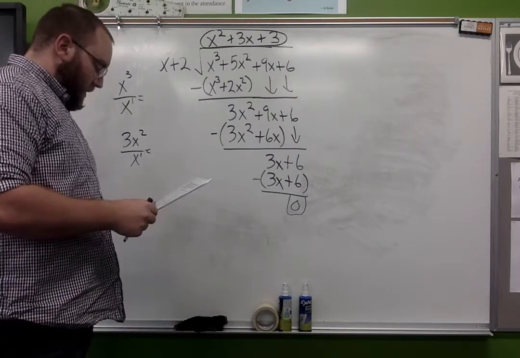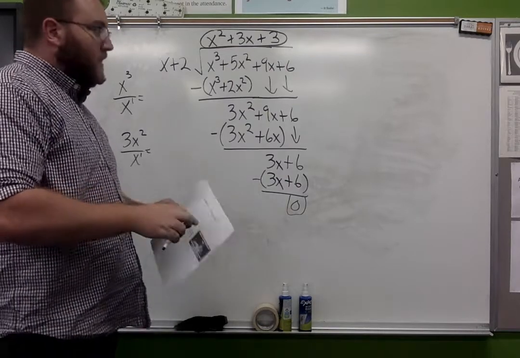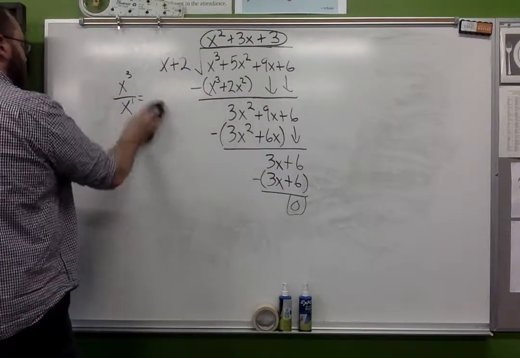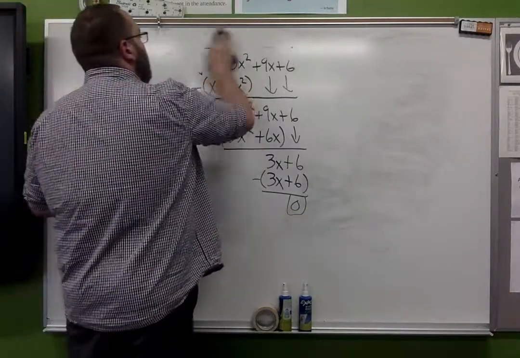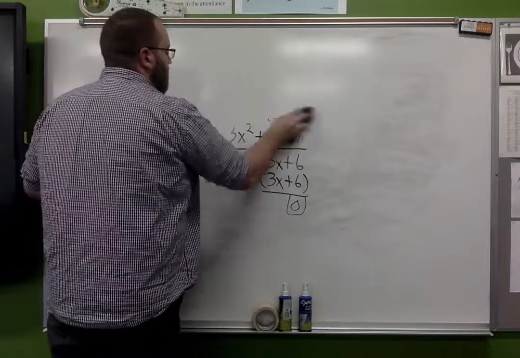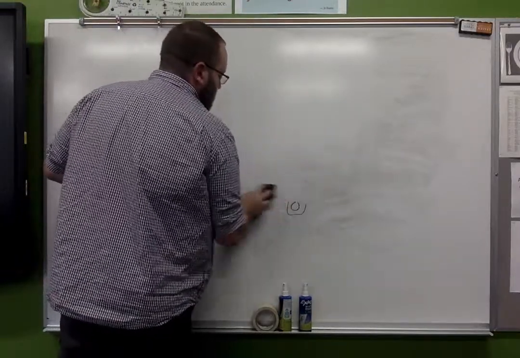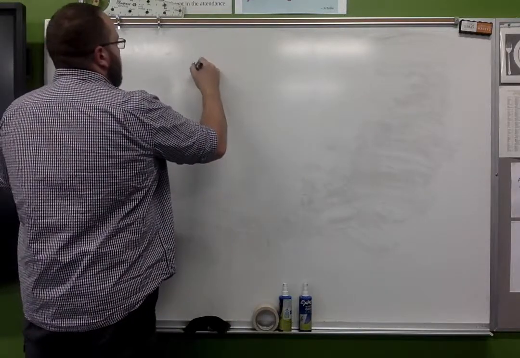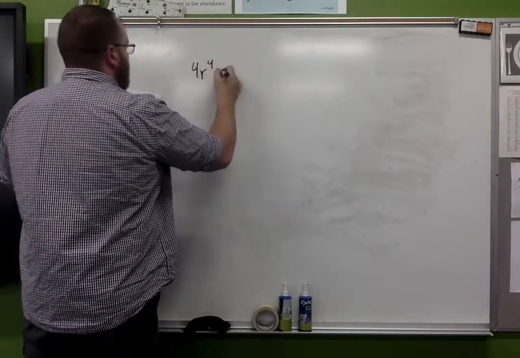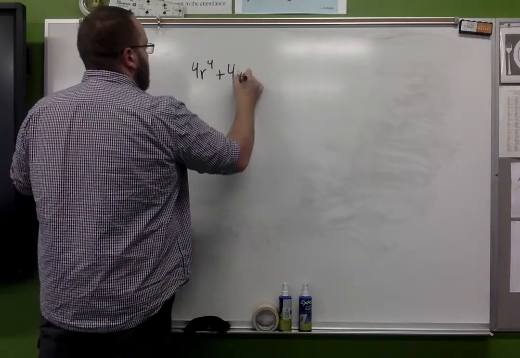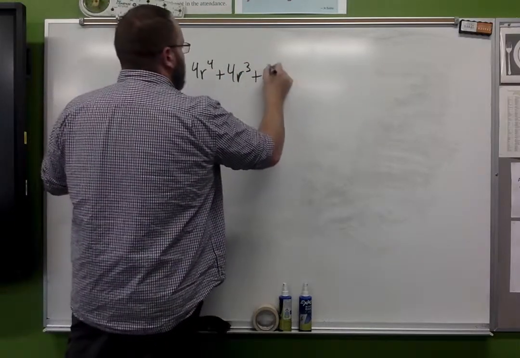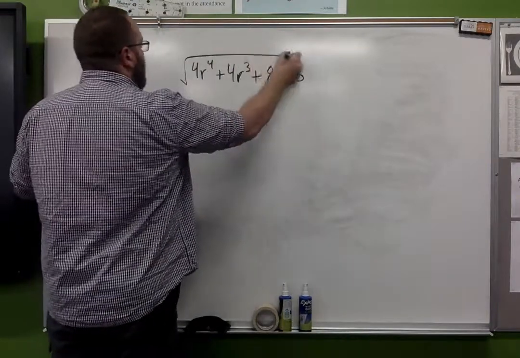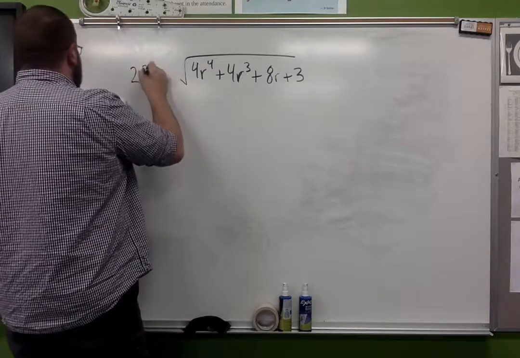All right, let's do another example. Okay, this one will have a remainder, and I'll show you how to write the remainder. So we have 4r to the fourth plus 4r to the third plus 8r plus 3 divided by 2r squared minus 1.